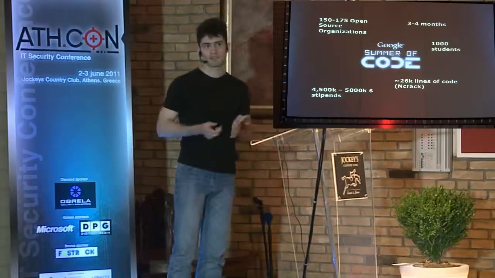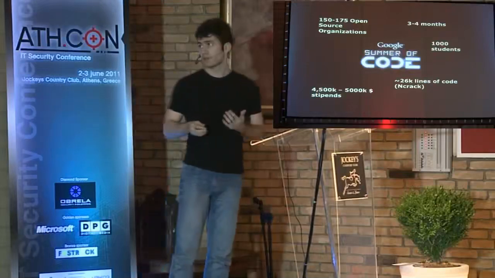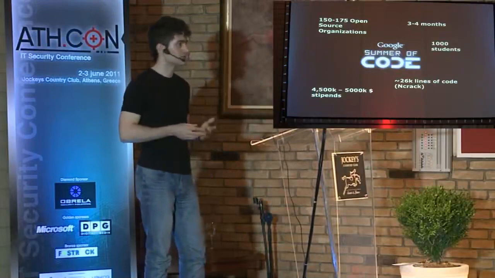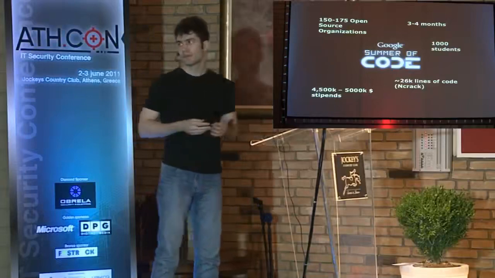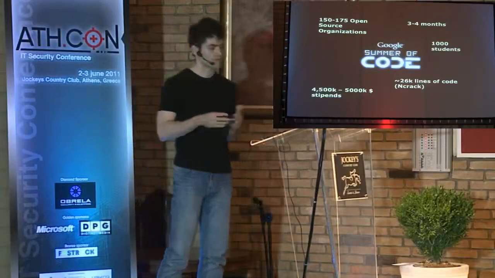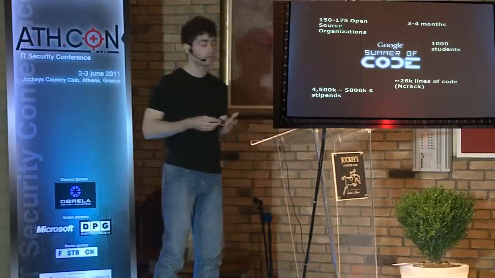So I applied for these 2 ideas, but after a while, I got an email from Fyodor, who is the original author of Nmap, and he told me, you shouldn't just work on Ncat. We have some bigger plans.